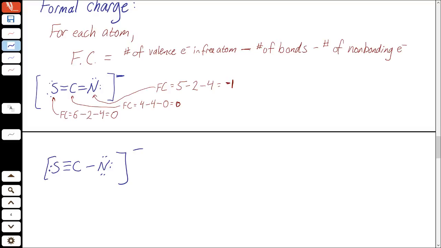So how does this one compare in formal charges to the last one? Way worse, meaning higher formal charges. What kind of formal charges are you getting? Like 1, -2, 0. Yeah, so in this one, the sulfur is +1, the carbon is 0, and the nitrogen is -2 formal charge.